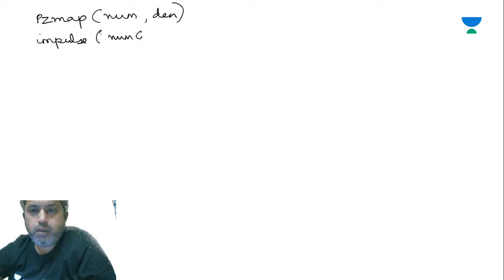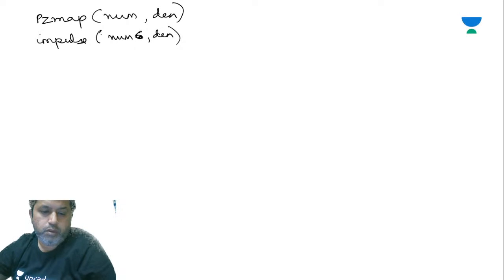numerator comma denominator. So this is the impulse response.